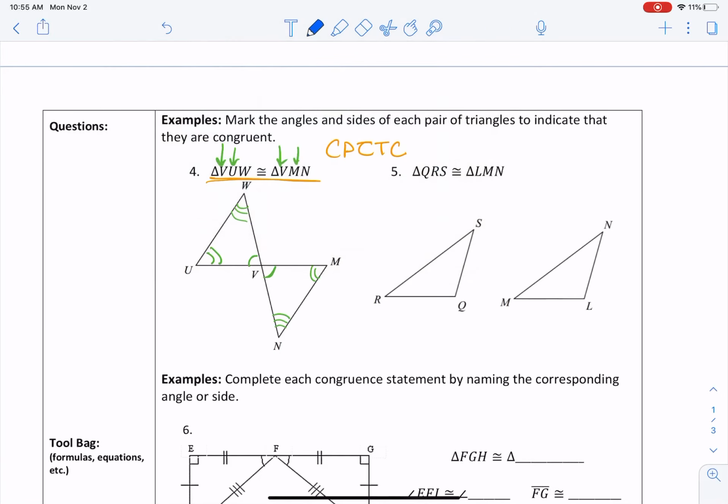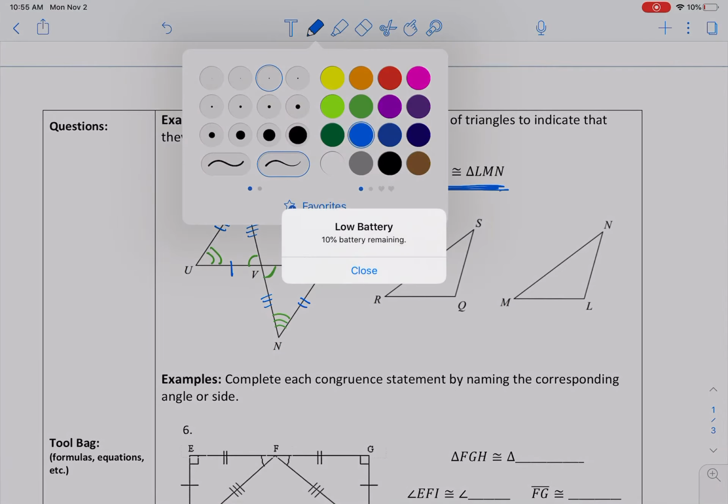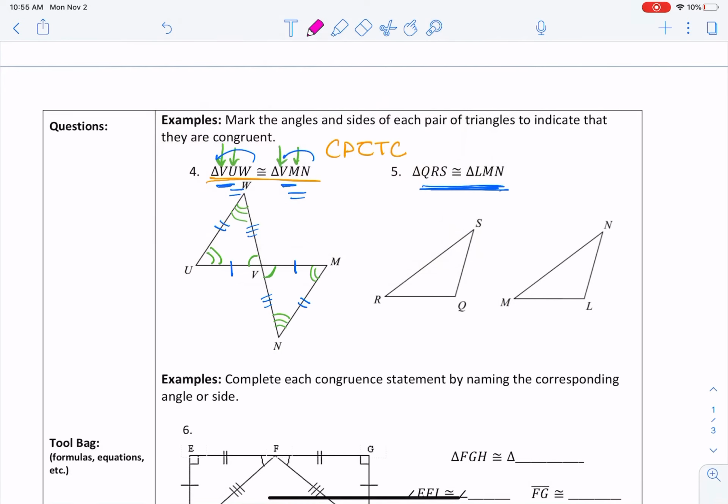Then we go look at the sides. VU and VM, VW and MN, and then WV and NV. Again, I'm telling you that these two triangles are congruent. So your job is to identify the pieces that means.